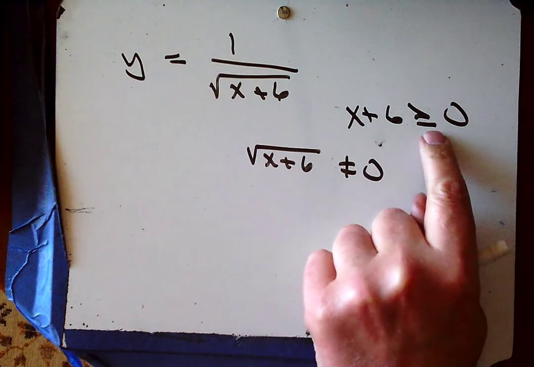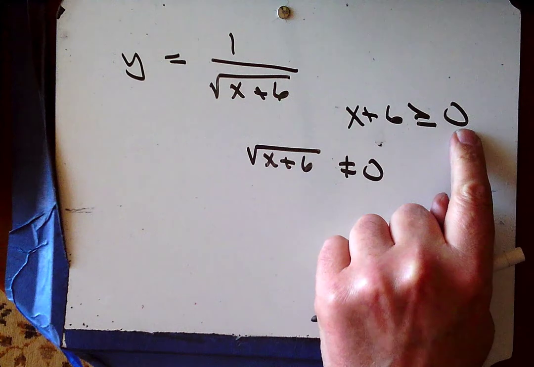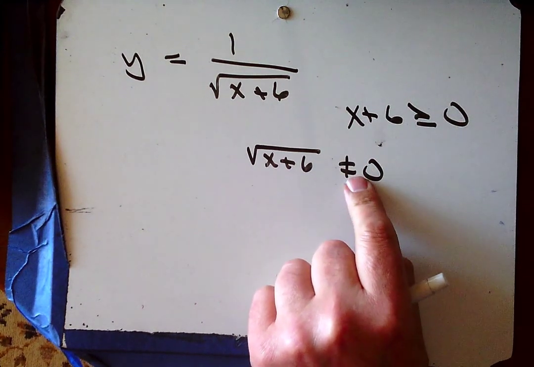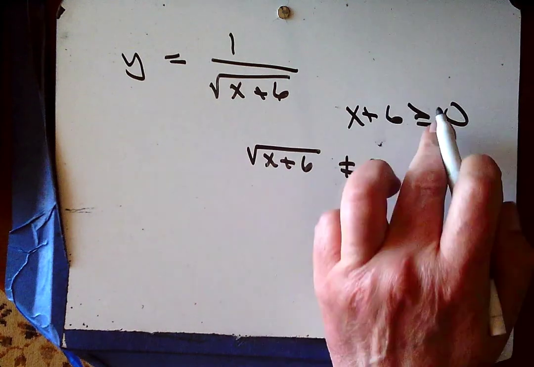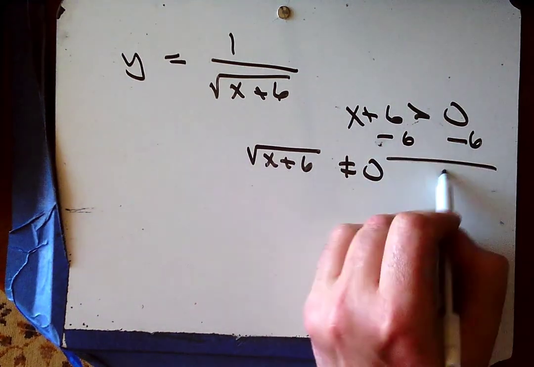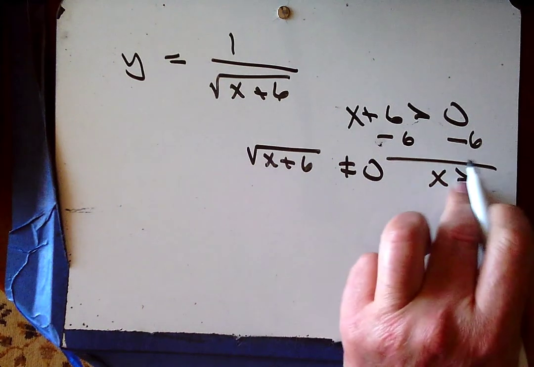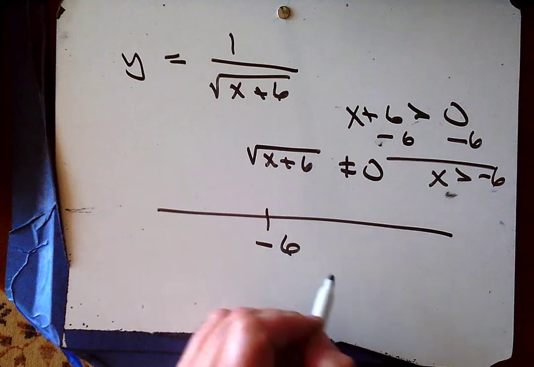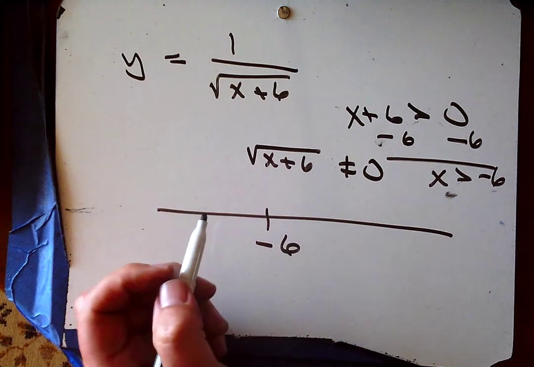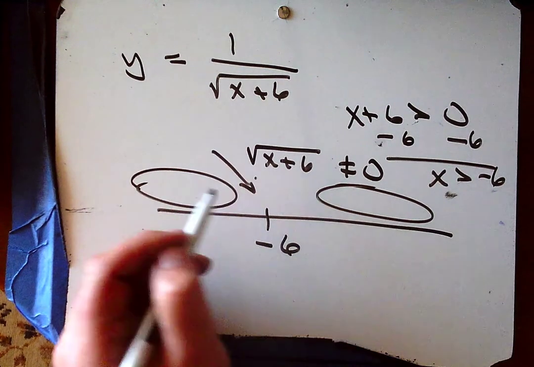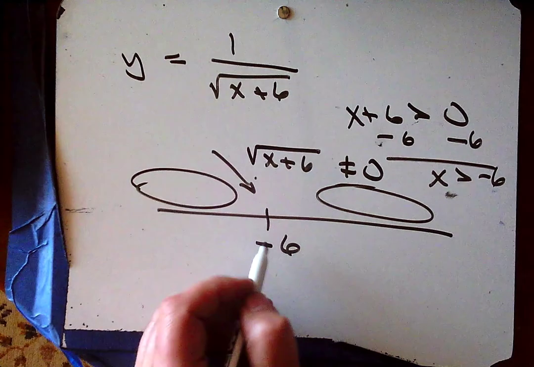So even though this is saying it could be equal to 0, it can't be equal to 0 on the bottom. So let's go about finding when this is. We'll subtract 6, and we'll get x has to be greater than negative 6. So I'm going to say negative 6 is a critical number, and I'm going to test the intervals. I'm going to test these intervals, but I'm also going to test negative 6. Okay? Let's start with that.